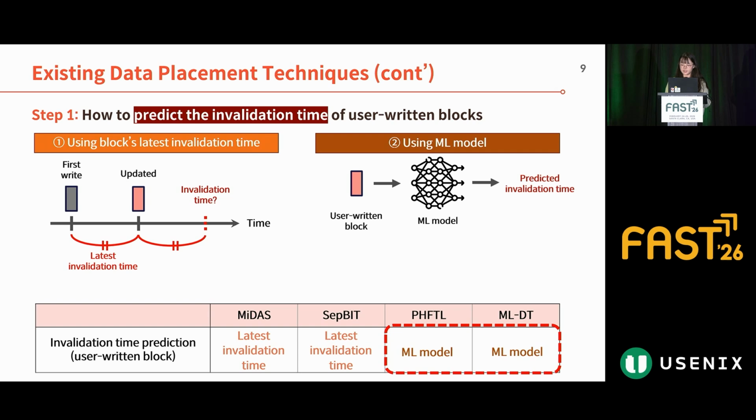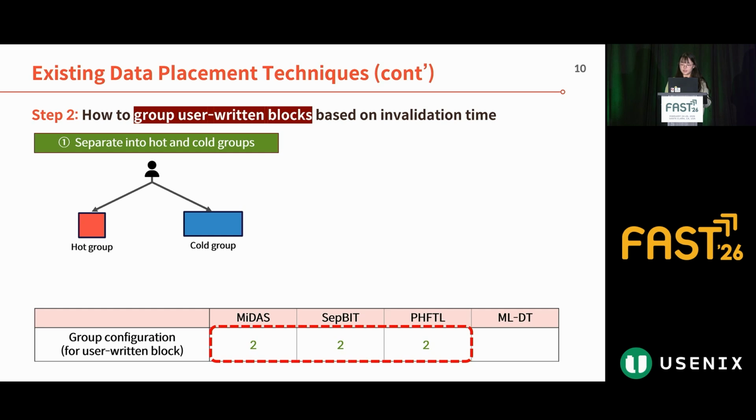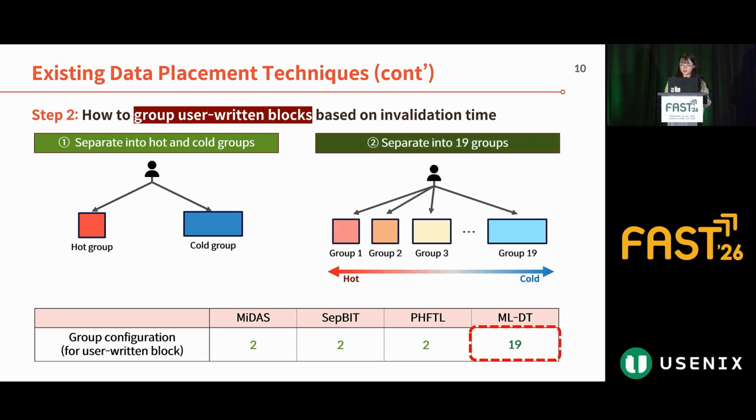Meanwhile, PHFTL and MLDT use machine learning to improve prediction accuracy. Second, they separate user-written blocks by hotness. MIDAS, SepBIT, and PHFTL use 2 groups, hot and cold, whereas MLDT uses 19 groups. Although the number of groups differs, all 4 techniques partition blocks into a fixed number of groups.